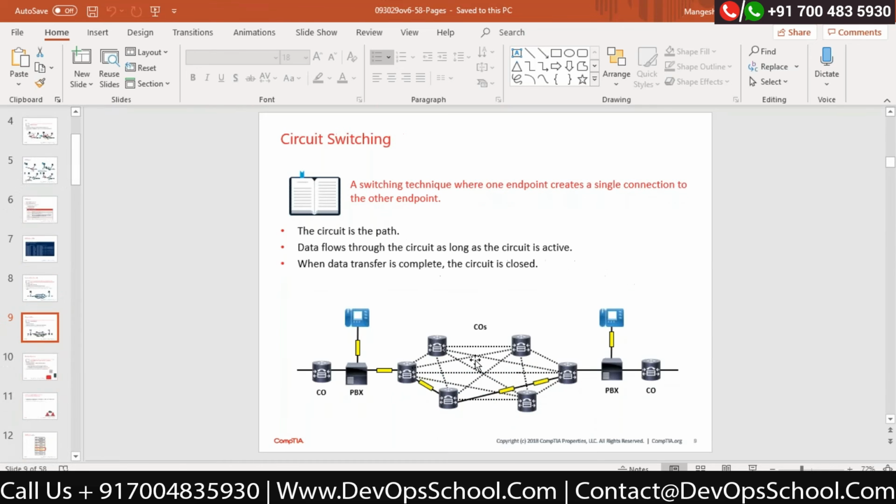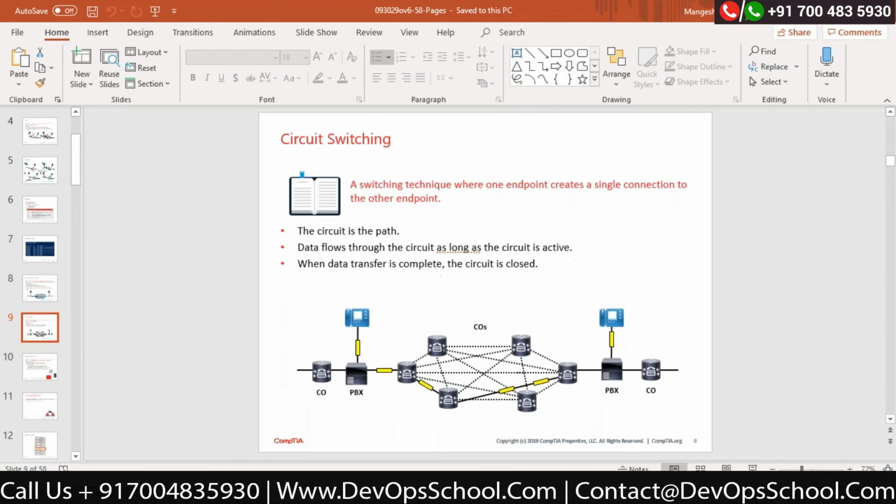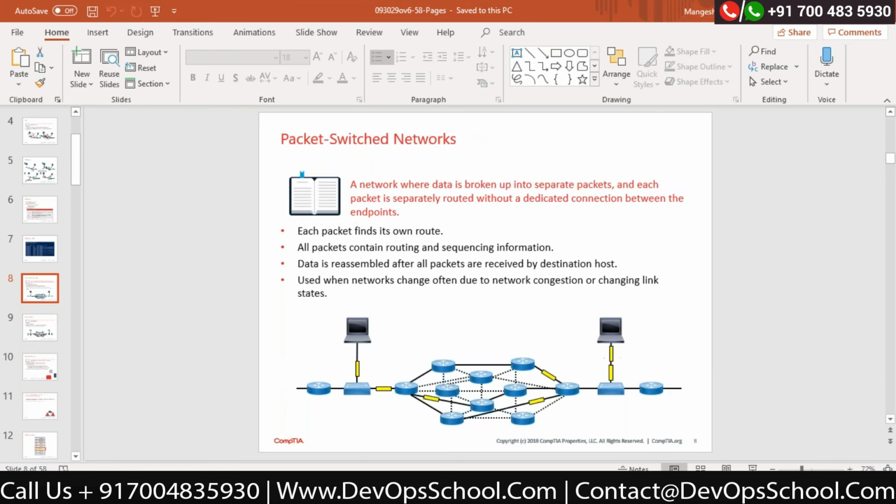Packet switch network and circuit switch network. Now these are the two types of networks available. Correct? Now these are two WAN technologies. Correct? Now this is something which we talked about, internet connectivity. Correct?